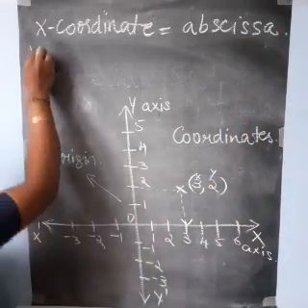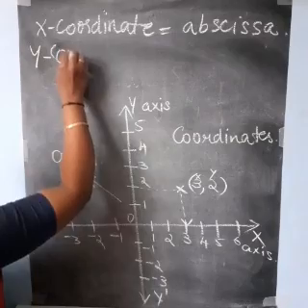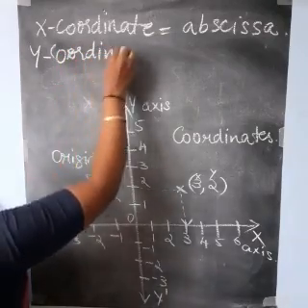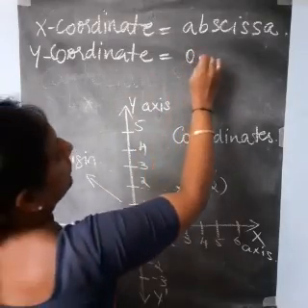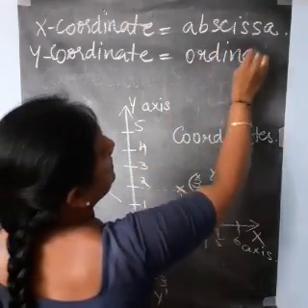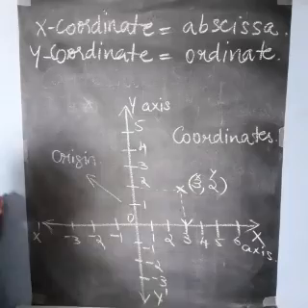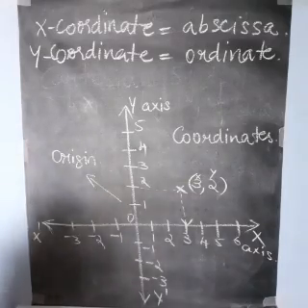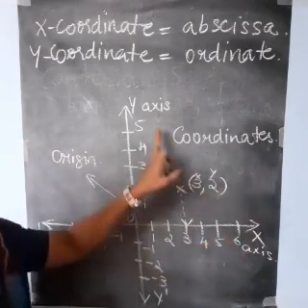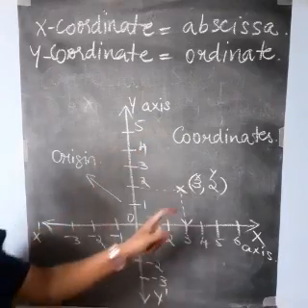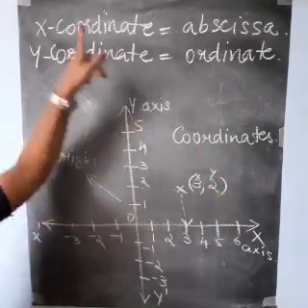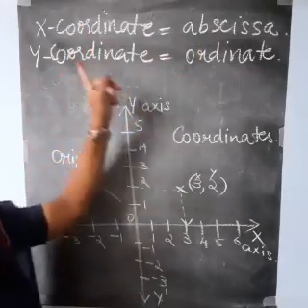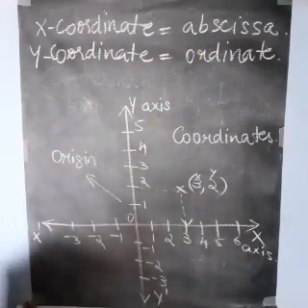And the y coordinate is known as the ordinate. These are one word questions you must know. So what are the two axes? The two axes are the x-axis and y-axis, and the values of x and y are known as the coordinates. The x coordinate is known as the abscissa and the y coordinate is known as the ordinate.